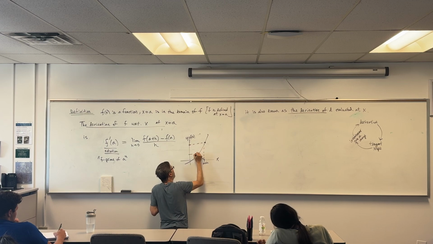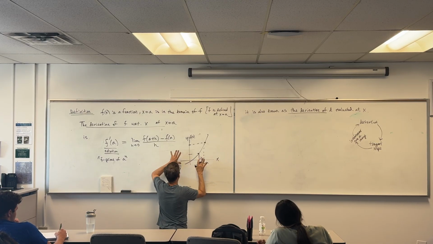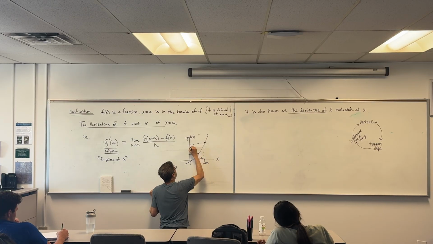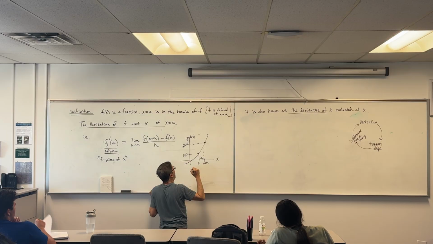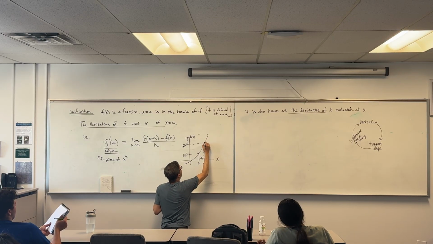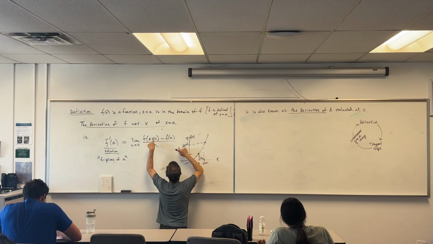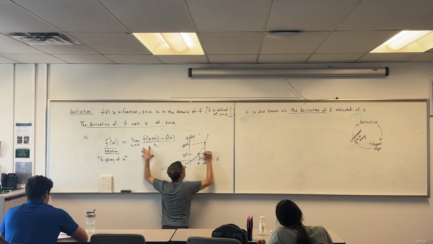Literally, I do want you to be able to make this picture. I think this might actually be on the quiz next week. I'm going to want you to be able to show me this picture, explaining where this derivative comes from. So here's f at a plus h, here's f at a. And what we're doing is taking the limit as these two go together. This ratio right here is the change in height.